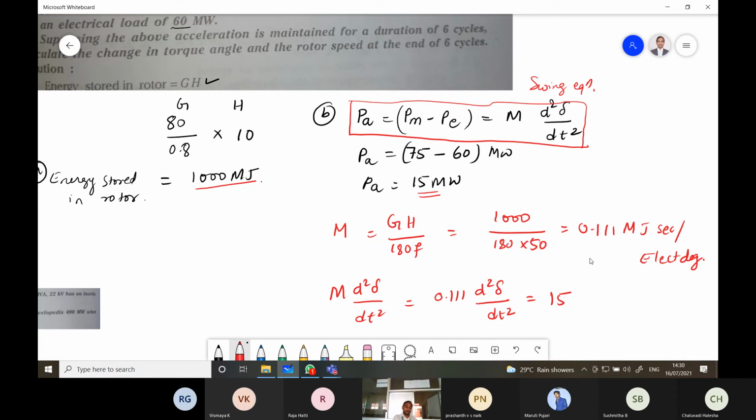So 0.11 d square delta by dt square equals 15 megawatt. Okay, so now, all of you got the answer.